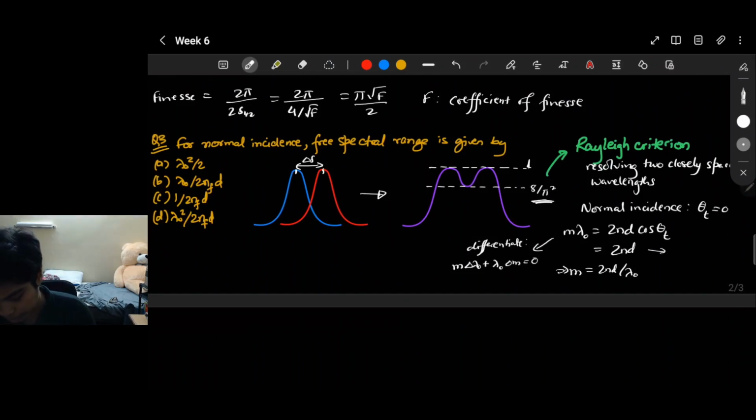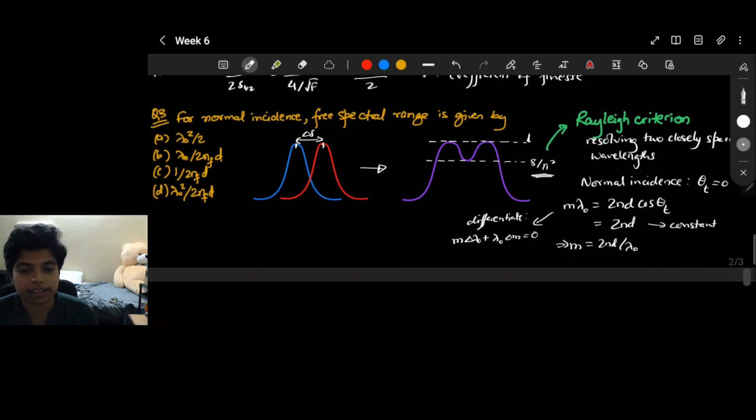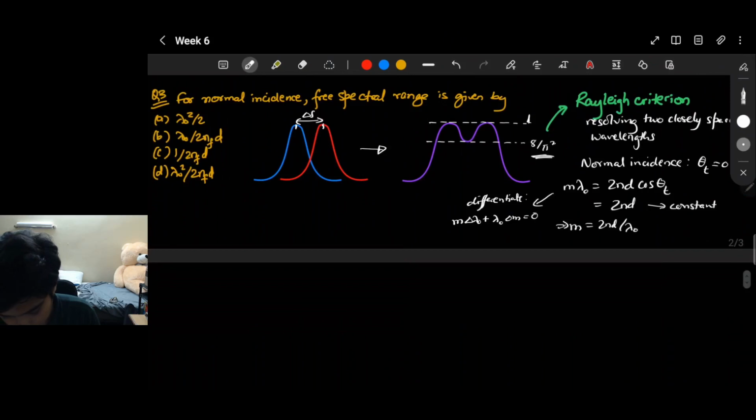This term right here is a constant. The refractive index is constant, thickness d is constant. So the differential of a constant is 0. So you get these relations, and from here I can get the following.